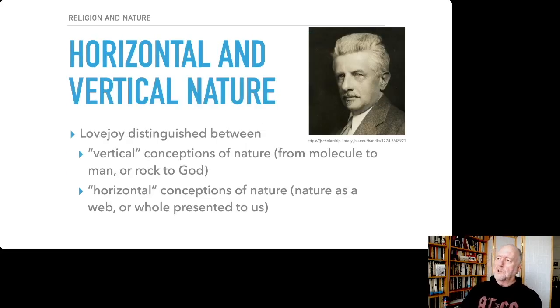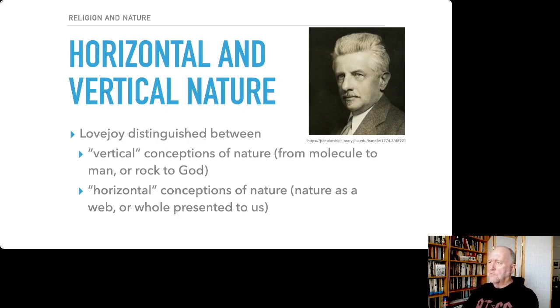So we talked about the great chain of being before. Lovejoy distinguished between vertical conceptions of nature, basically an array of increasing complexity and/or perfection, and horizontal conceptions of nature, which is nature as a web or an ecological web that has been presented to us by where we are and by the world in general.